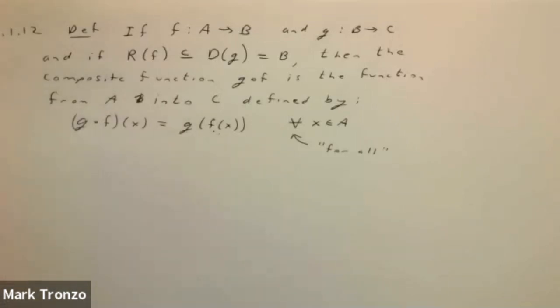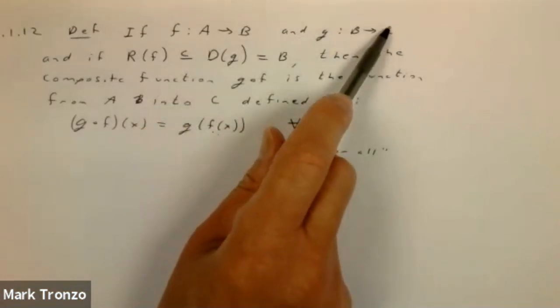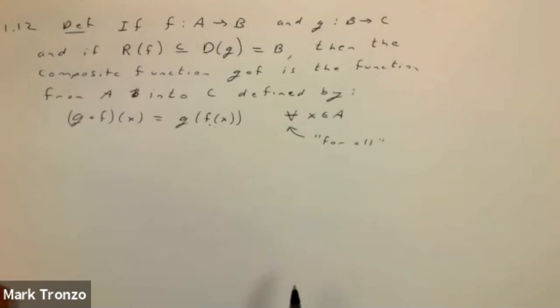So if the range of f is a subset of the domain of g, then the composite function is a function from A up here into C over here. So let's see if we can draw this maybe.